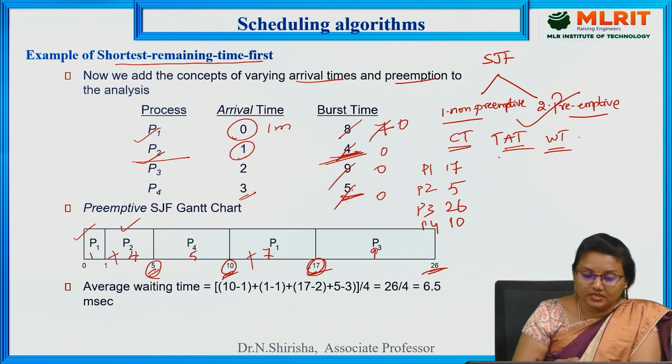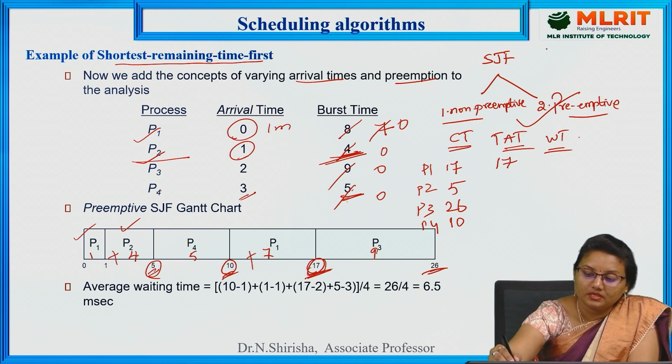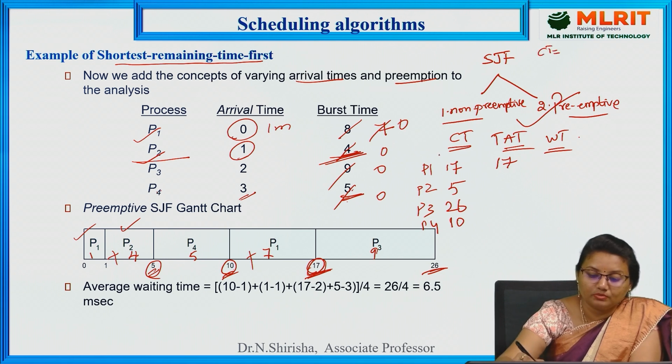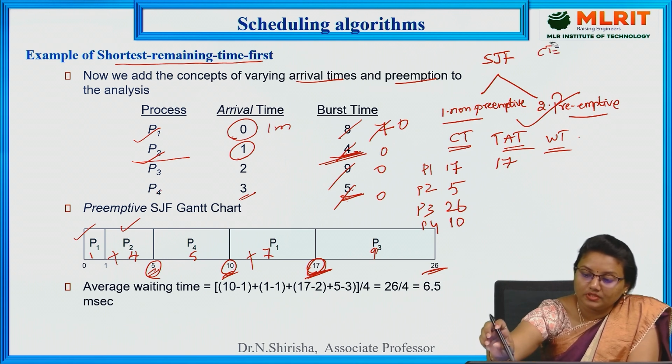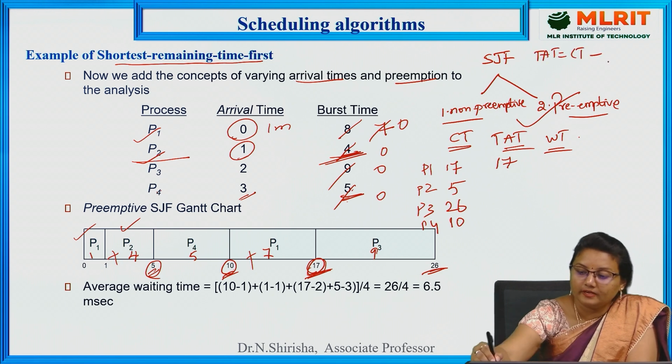Now what is the turnaround time? Okay, turnaround time will be the completion time minus arrival time. 17 minus 0. What is the turnaround time here? 17. Okay. And here I'll write CT, completion time, and turnaround time is equal to completion time minus arrival time.